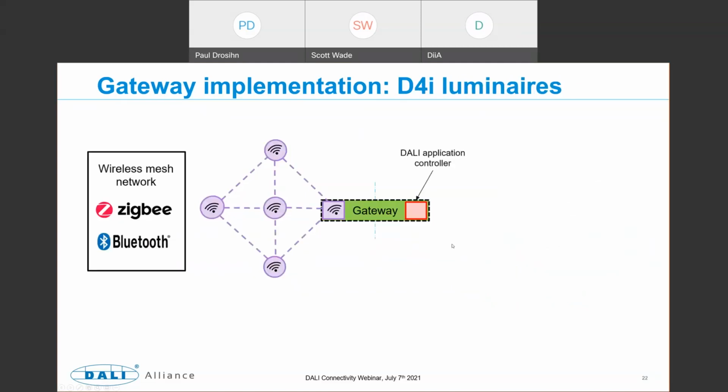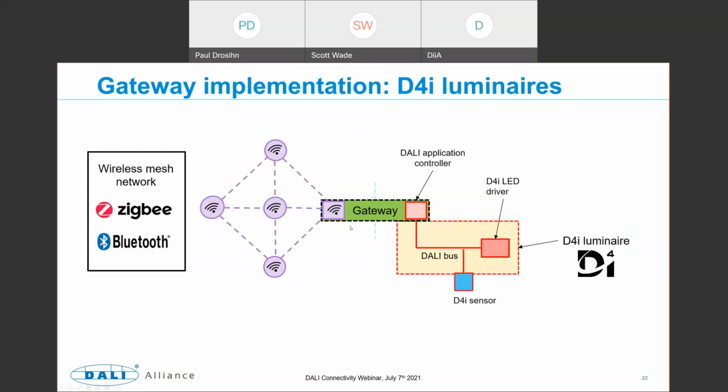So the second example here shows the gateway again, same gateway and same ecosystem, but this time on the DALI side of the gateway, we have a single luminaire. So it may be a D4i luminaire where the gateway is mounted maybe on the top of the luminaire, and it's providing the wireless connectivity, but also connects to the DALI bus inside the luminaire with the LED drivers and possibly a sensor, which might just be operating locally for this luminaire.